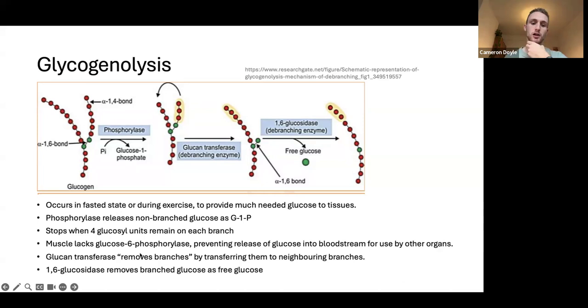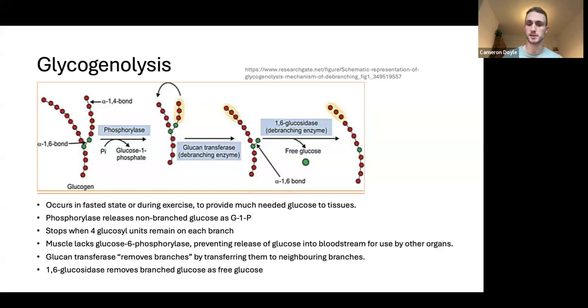Muscle lacks glucose 6-phosphatase, which is this last process. I think it's just another name really for 1,6-glucosidase. So glucose 6-phosphatase, for the same reason that we mentioned earlier about glycolysis, the first process of glycolysis being that process of converting glucose to glucose 6-phosphate, this traps the glucose into the cell.